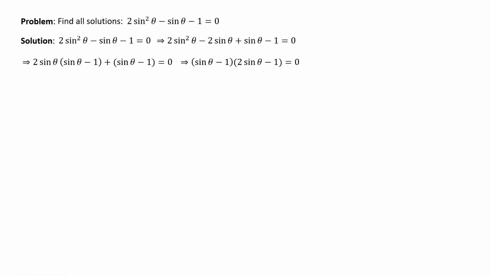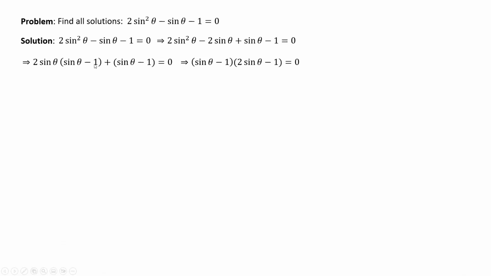Why? Because when I do that, I know something nice is going to happen. If I group these first two terms, that is 2 sine square theta minus 2 sine theta, and then group the last two terms, sine theta minus 1, I can factor out something from the first group. What can I factor out? I can factor out a 2 sine theta. Good. When you factor out a 2 sine theta from the first two terms, what do we get?